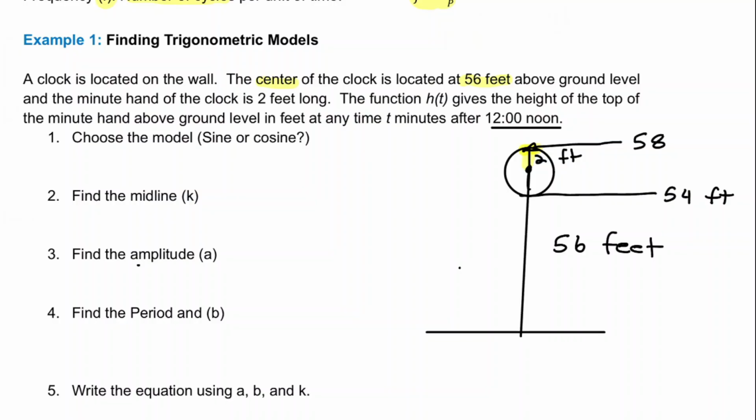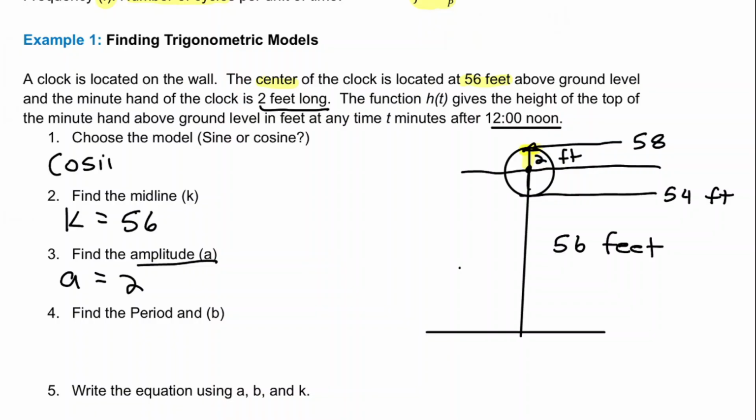So a couple things I can tell: my amplitude is going to be the 2 feet. The middle is going to be the 56. I want to use cosine since it's starting at the maximum.